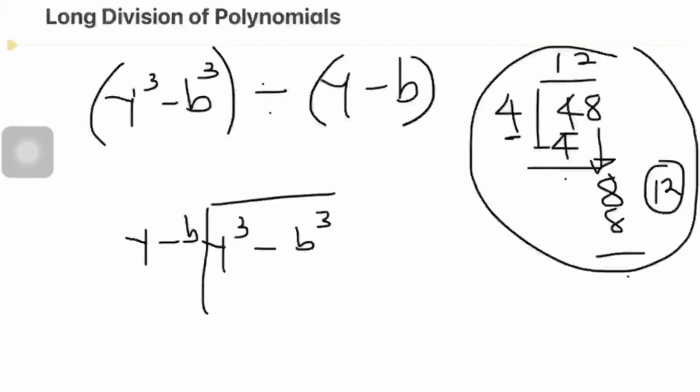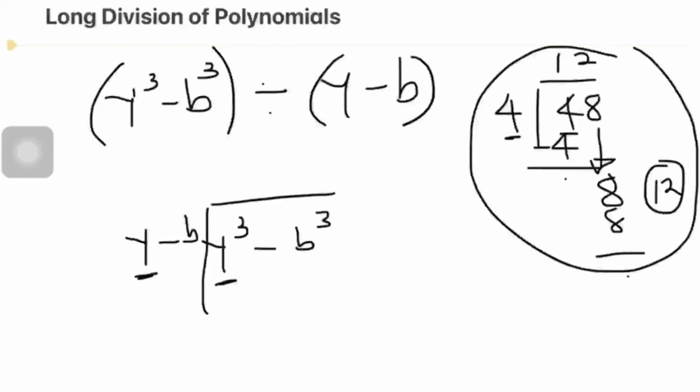Now in solving these polynomials, the way you normally do it is you check the two of them, and from the two of them you have to identify the term that has the highest power, right? So the first term here is y in the first one, the polynomial that is outside the division sign.